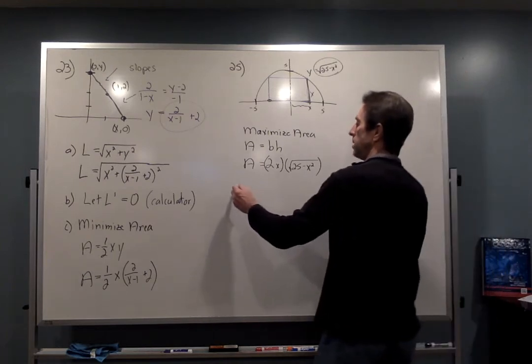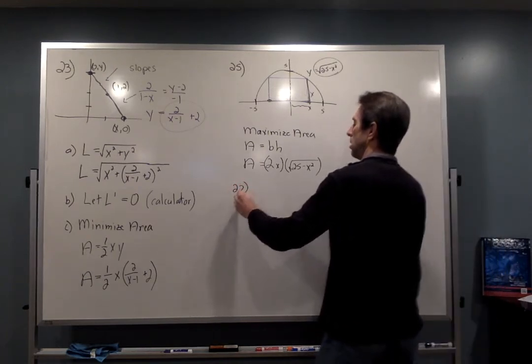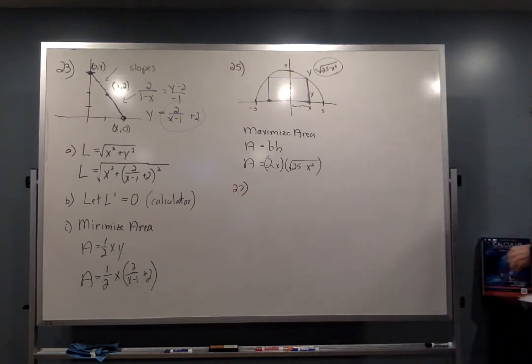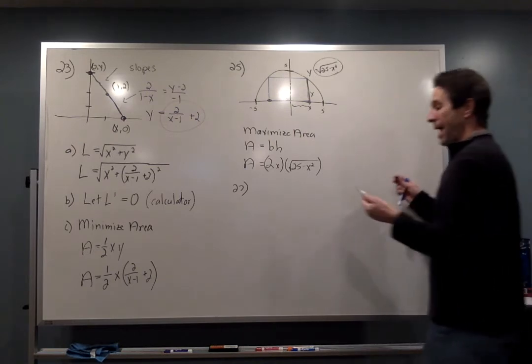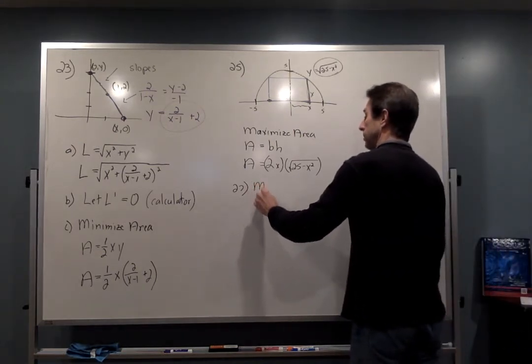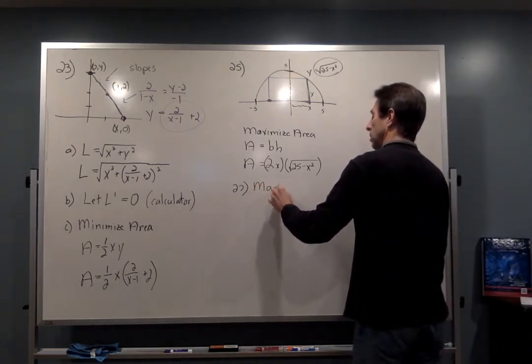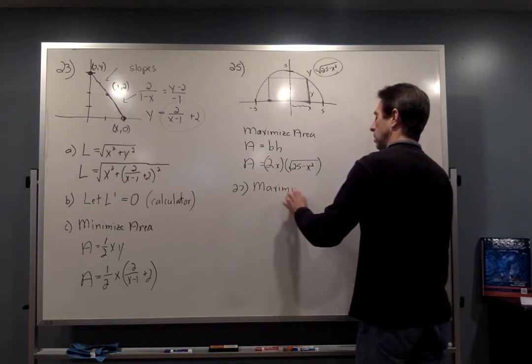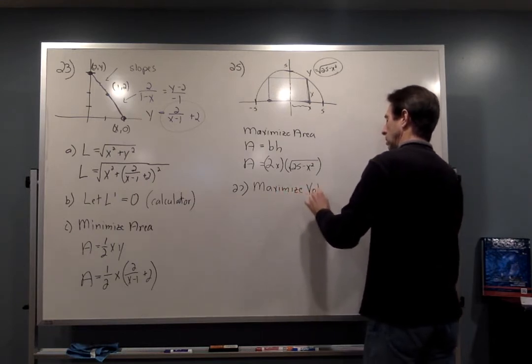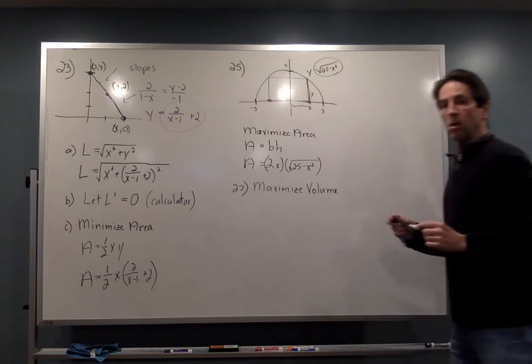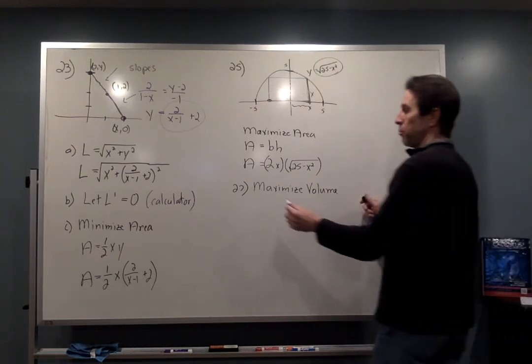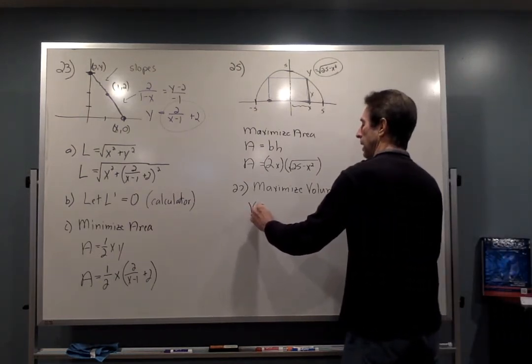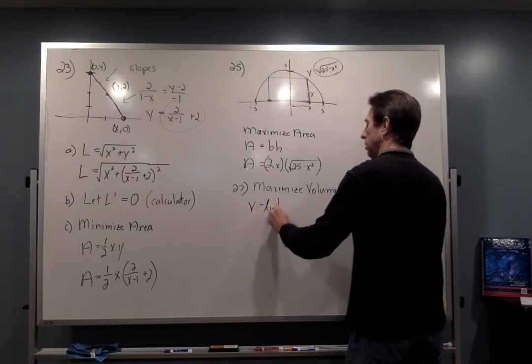Squeezing one more problem in this short video. Number 27. 27 is about a package, and we want to maximize the volume. Well, the volume of this package, since it's a box, is simply going to be length times width times height.